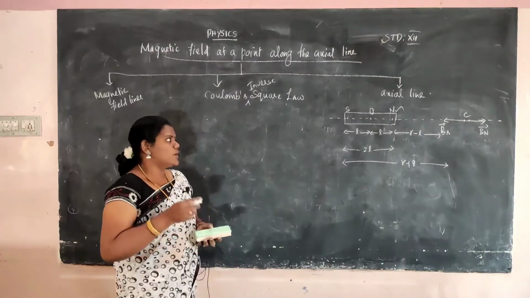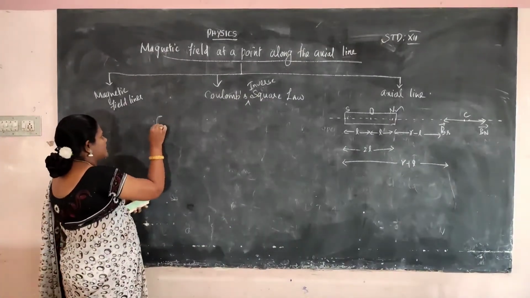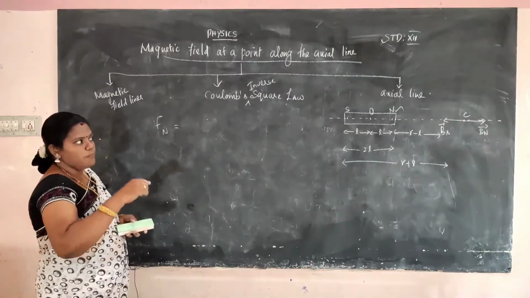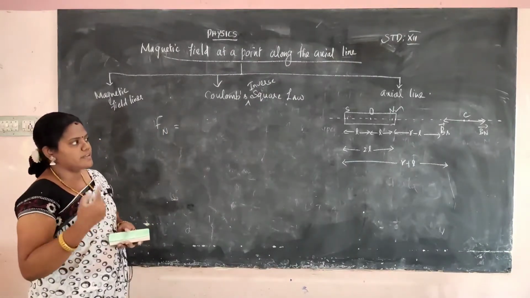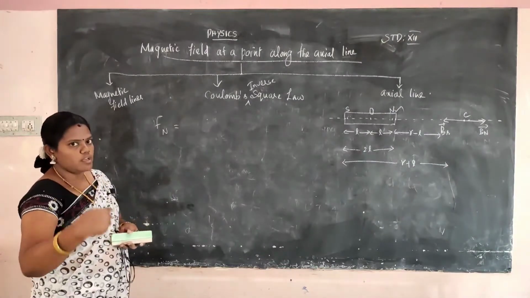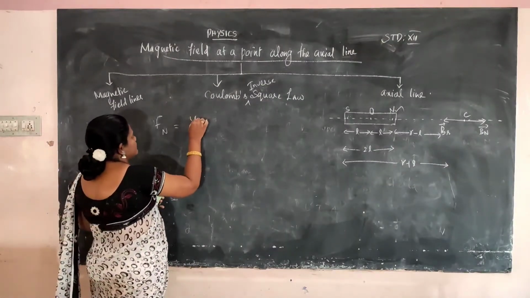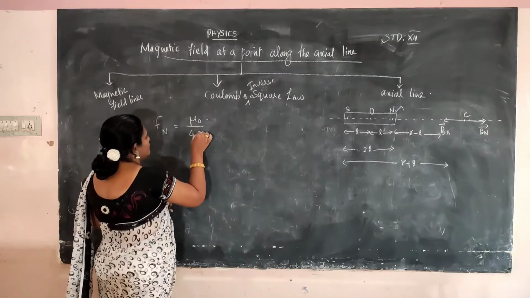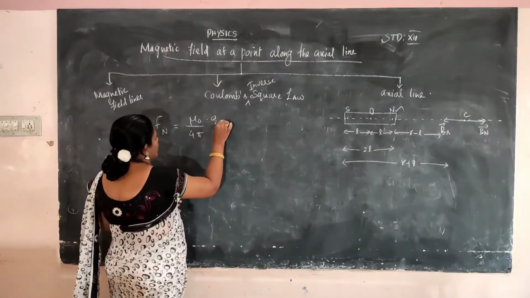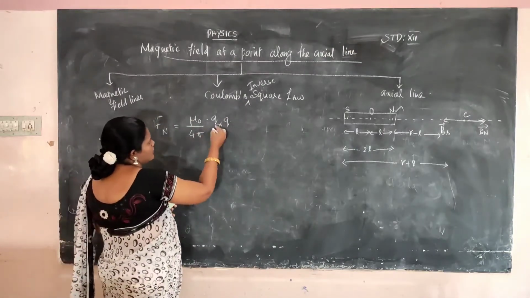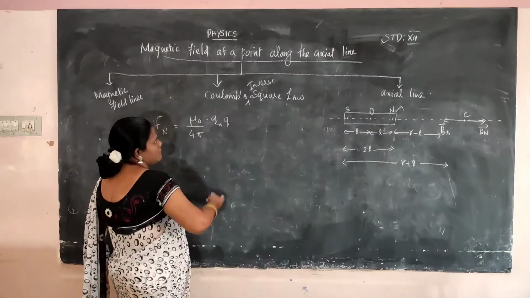So first the magnetic force is created at point C due to the north pole of the magnet. What is the formula? K is mu naught by 4 pi. The formula uses the pole strength of the first magnet and the pole strength of the second magnet.